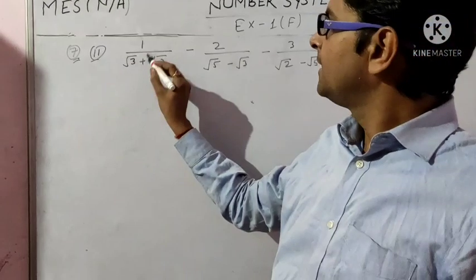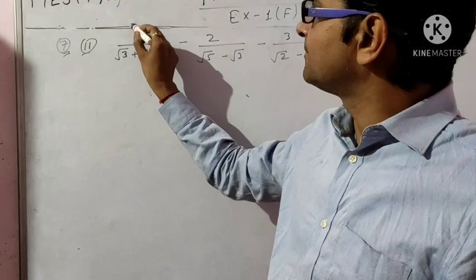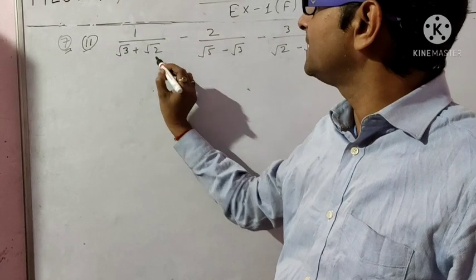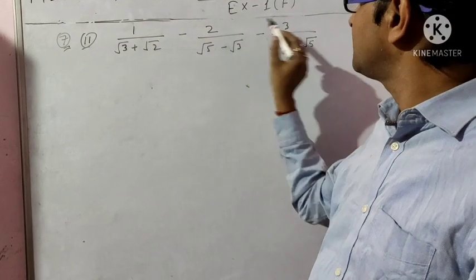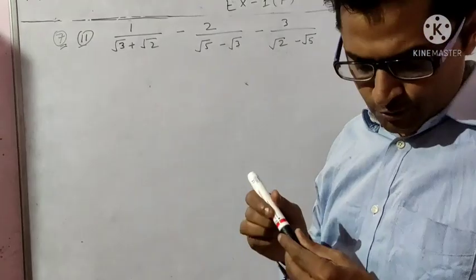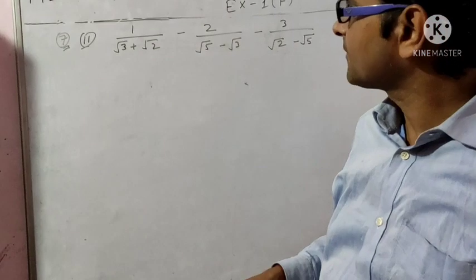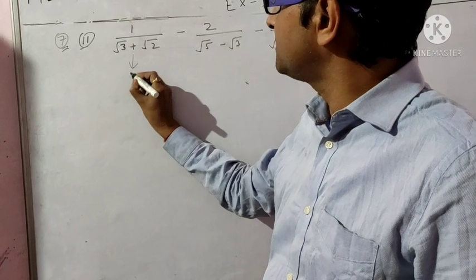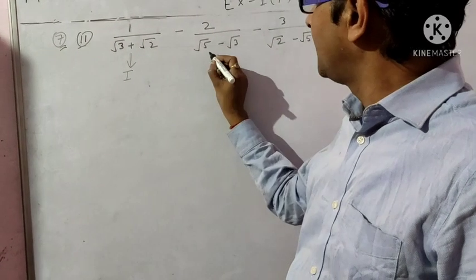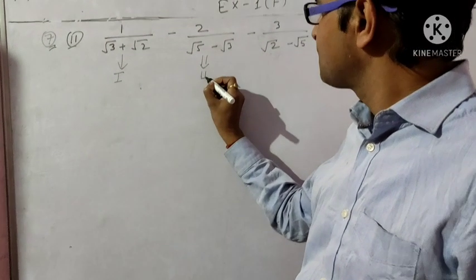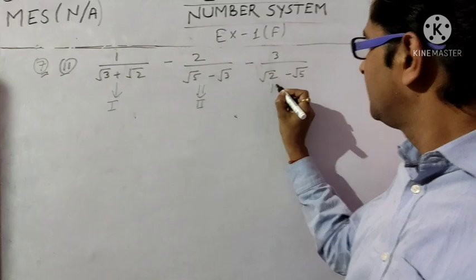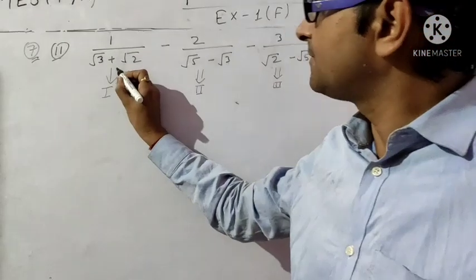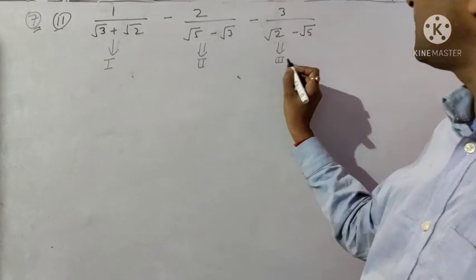Okay student, if there is more than one term in this question, here is the first term 1 divided by this value, and this is the second term, and this is the third term.